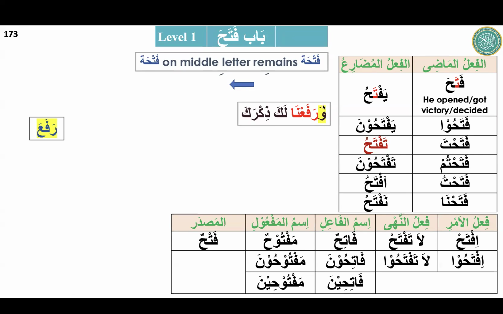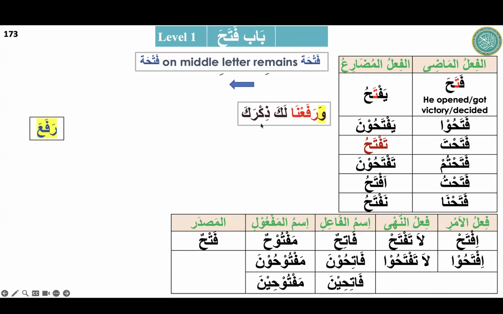I will repeat once more what Brother Hamad already taught us. The important thing is that wa is coming again and again. Wa means and. Everybody should know that. Laka we already did, because li means for: lahu for him, lahum for them, laka for you. Now there is a vocabulary word: zikraka. Don't worry about zikr, but ka we should know.